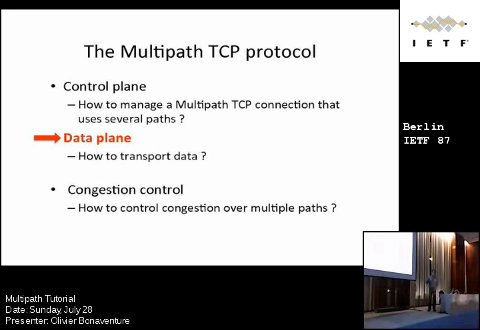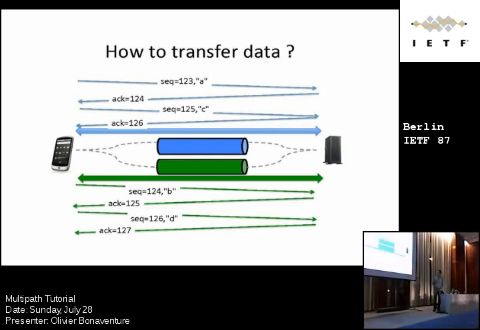So how do we establish a Multipath TCP connection? Now, let's look at how we transport data over Multipath TCP. To transport data, let's assume that we have the blue subflow and the green subflow that have been established. So we have the two subflows, and we want to send data over the two subflows.